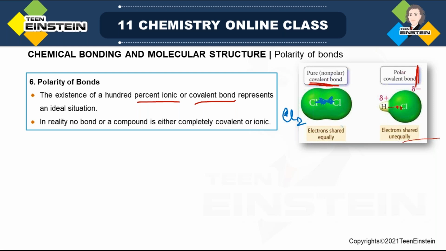So remember, ideally we give the definition of ionic bond and covalent bond, but in reality no bond or compound is completely covalent or ionic. Only in some rare cases, where both the atoms are the same, you can say it is purely covalent. It completely matches the definition of covalent bond. But ideal cases you will mostly not find.